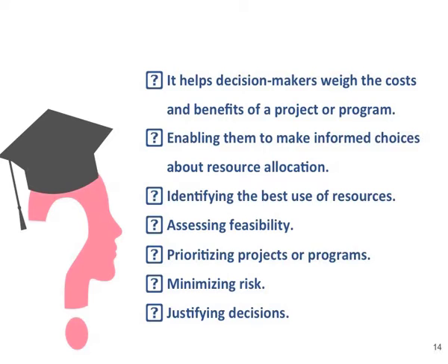By this process it is easy for the decision makers and also for the library professionals to propose the next year's plan for the library, enabling them to make informed choices about resource allocation and identifying the best use of resources.